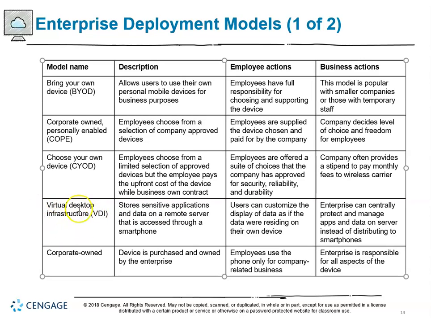And then on the device, all it is is an interface to get to that over the internet. So the employee can customize the display, but that's it. They can customize that display as if the data were residing on their device, but because it's virtual, the enterprise can protect it centrally and manage the apps and data instead of having to do it on each end device.